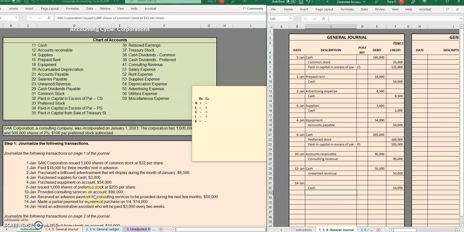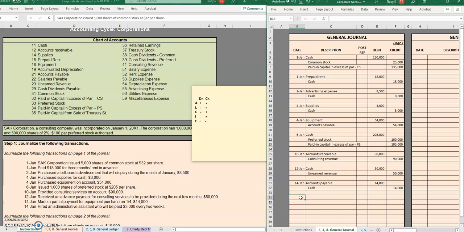In this case, please make sure that you're not putting equipment. We already recorded the full cost of the equipment back here. We are actually paying off the accounts payable that we previously created, so that accounts payable is decreasing by $14,000, right? The equipment is going to stay on our books at that full cost.